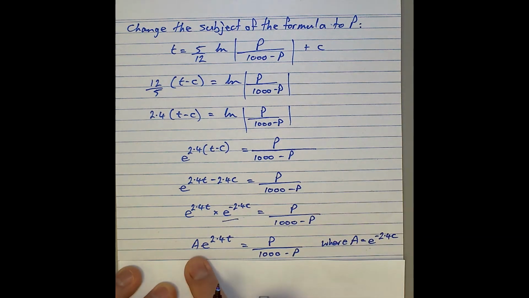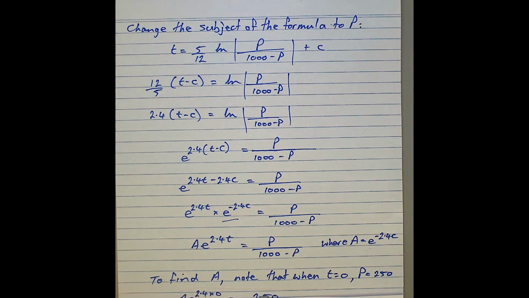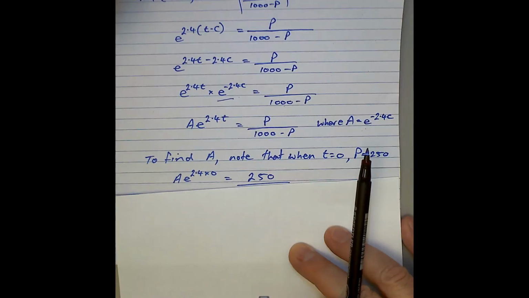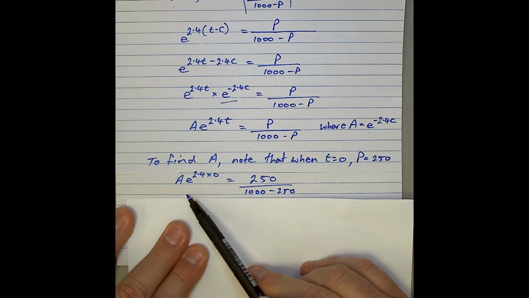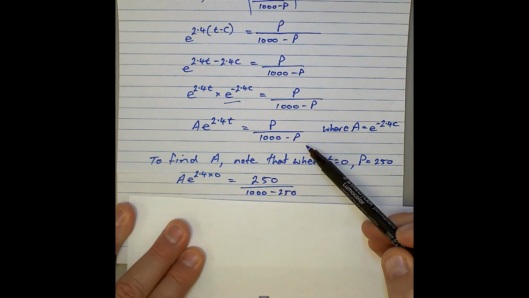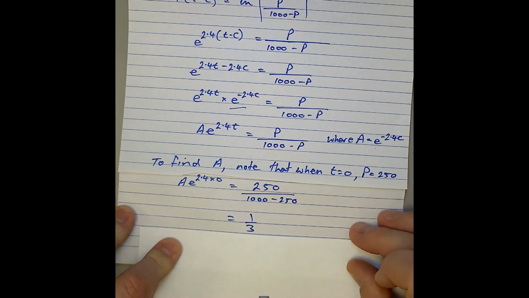So I've got A e to the 2.4t equals P over 1,000 minus P. I know that I want to find A, and to find A, I note that the initial population is 250 in the question. So when I substitute into my formula, t equals 0 and P equals 250, and I get that A is equal to 1/3.